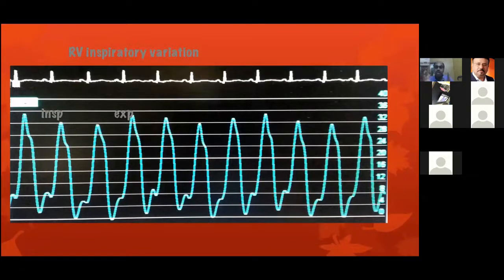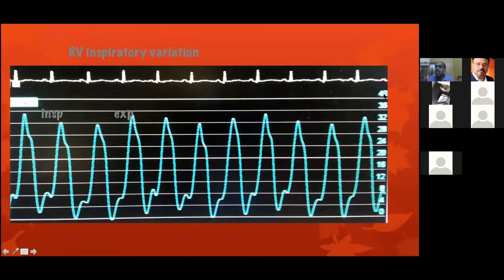Truly speaking, the isovolumic contraction phase of the left ventricle is actually longer compared to the IVCT and IVRT of the right ventricle. However, the ascent of the right ventricle is to a much, much lower pressure. It goes up only to 20 to 25 millimeters. Whereas left ventricle goes to a much higher pressure and it needs to be sustained till the end of systole. So left ventricular pressure trace is a rectangular trace and right ventricle is a triangular trace.